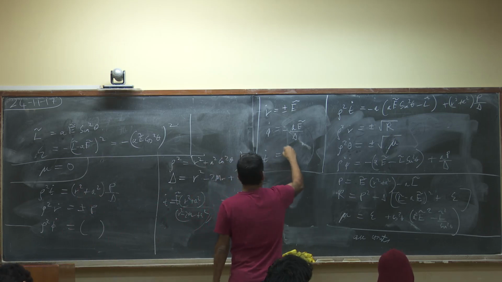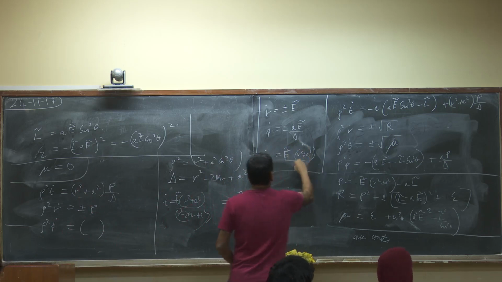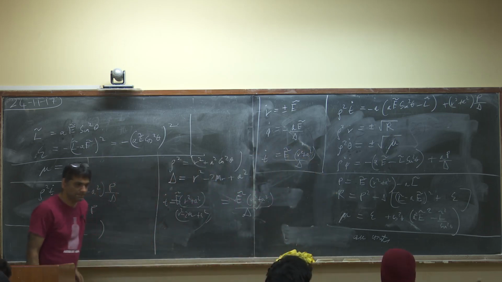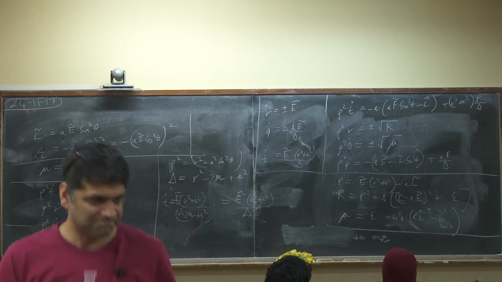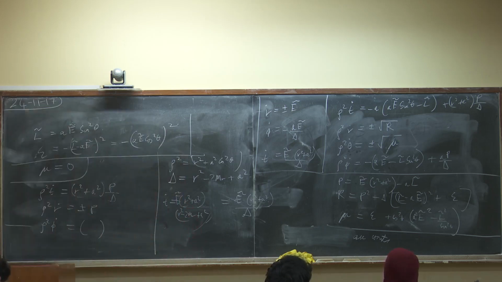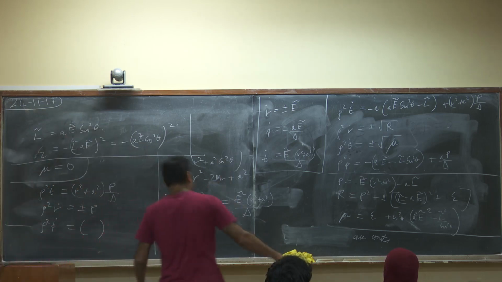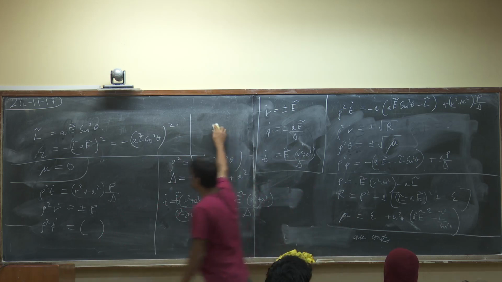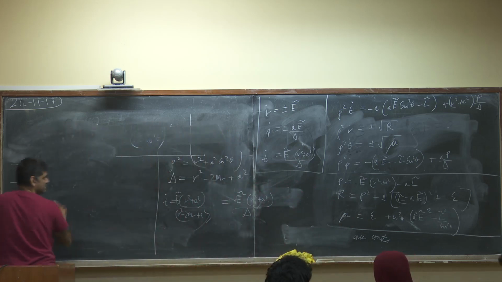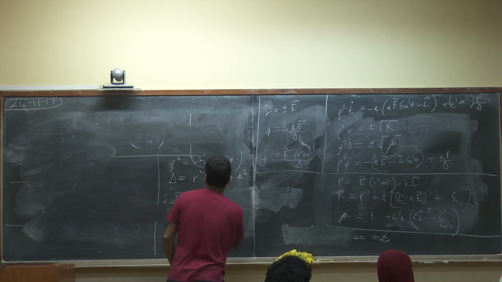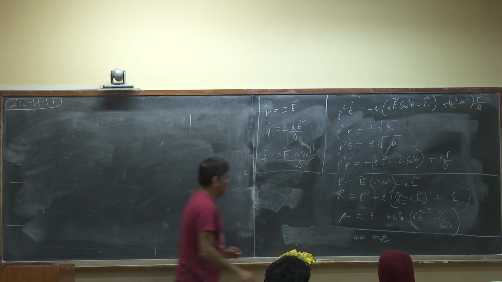T dot is equal to E tilde R squared plus A squared over delta. Okay? Good. Now that we got this on the board, I'm clearing everything else out.